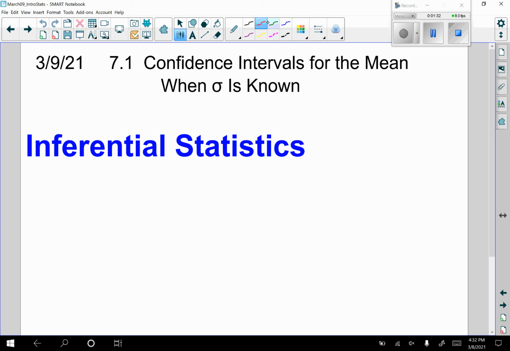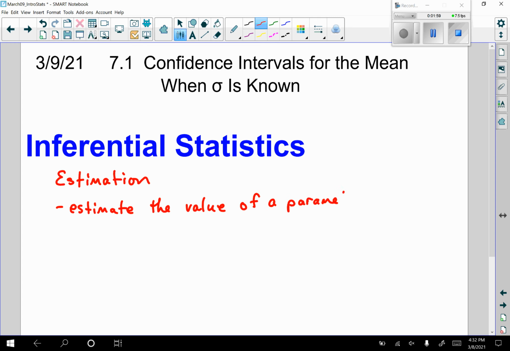All right, so again, this is the start of us really diving into inferential statistics. These are just an estimation, as we estimate the value of a parameter from information obtained from a sample. Remember, a parameter is a measurement that pertains to a population.